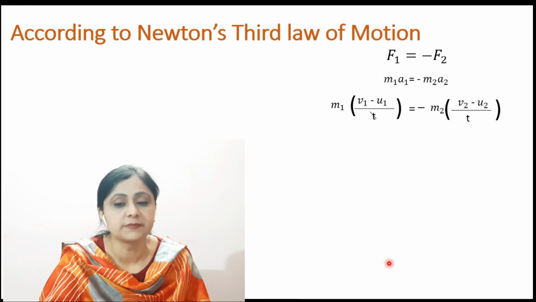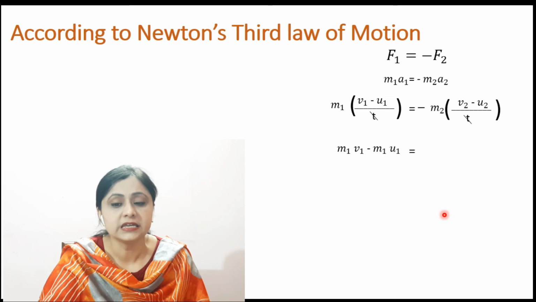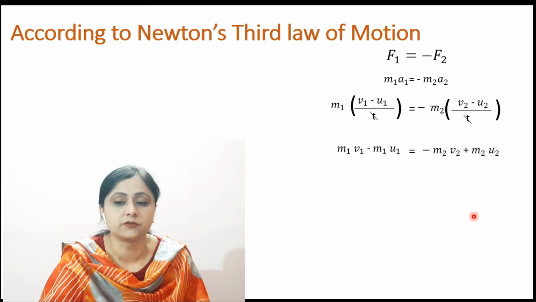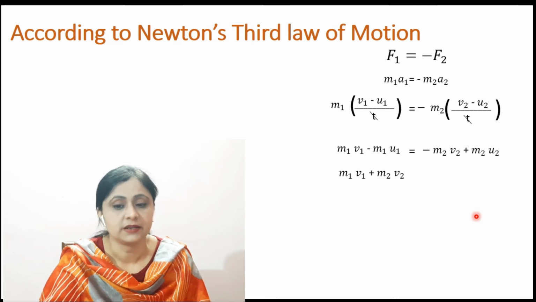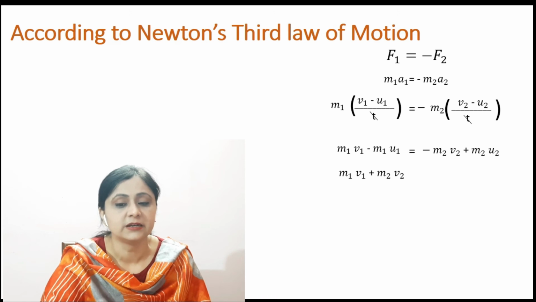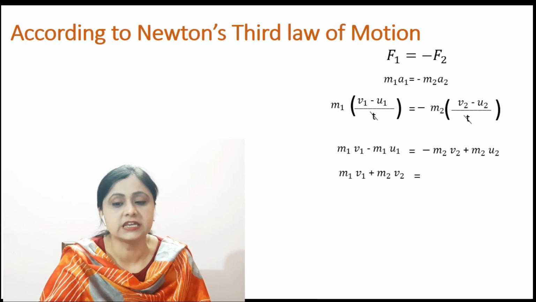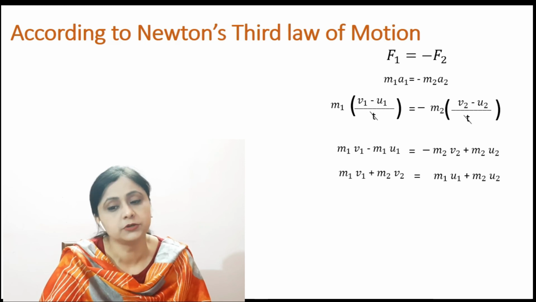Now we will open this bracket. Before opening, we cancel the t, and then we write m1 v1 minus m1 u1 is equal to minus m2 v2 plus m2 u2. When this minus sign goes to the other side, the sign becomes positive, and the same for the other term. Now m1 v1 plus m2 v2 is equal to m1 u1 plus m2 u2.